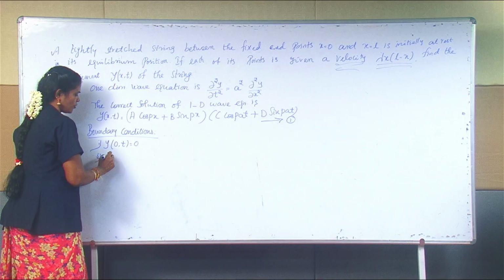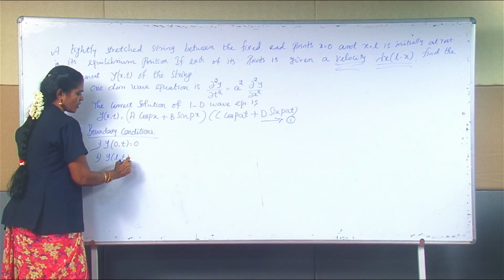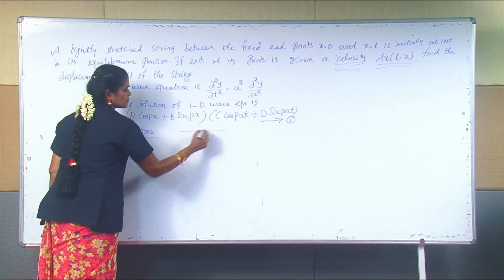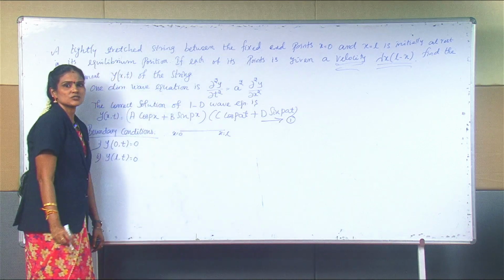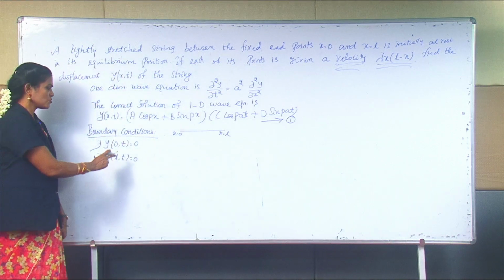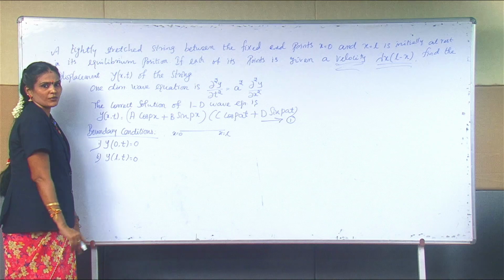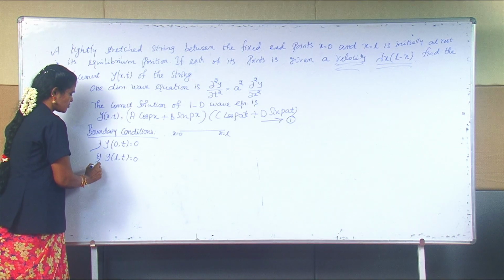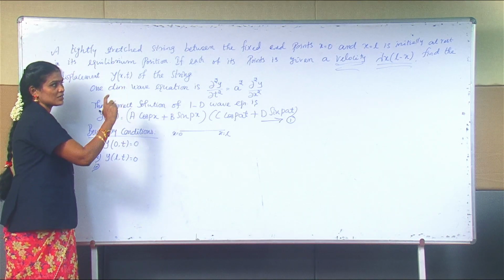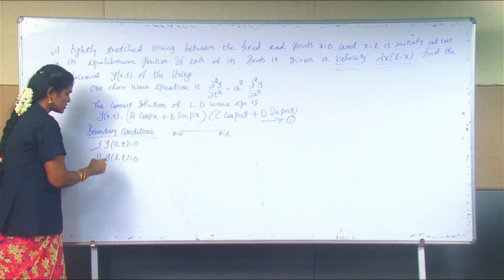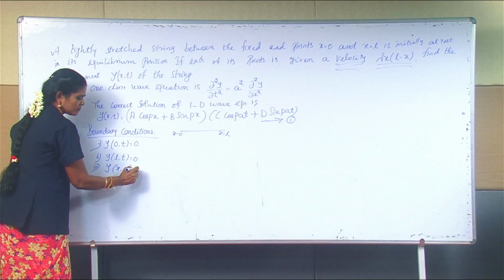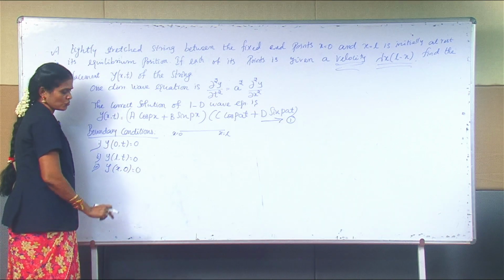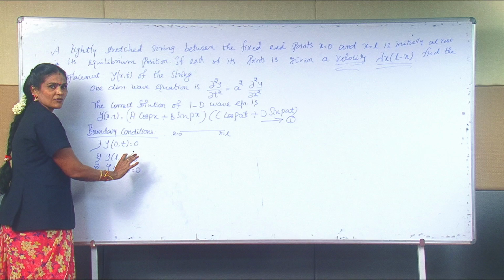Second, y of L comma t value is 0, because you have to fix the string at x equal to 0 and x equal to L. Next, here initial velocity is given, so you have to consider the initial displacement value is 0. So, y of x comma 0 value is 0. Initial displacement at time t is 0.